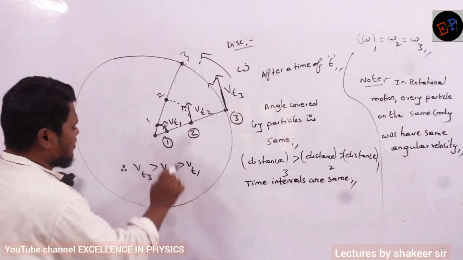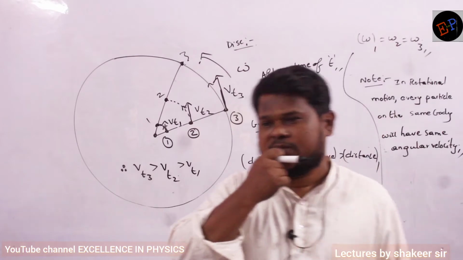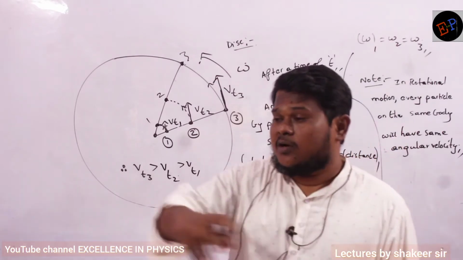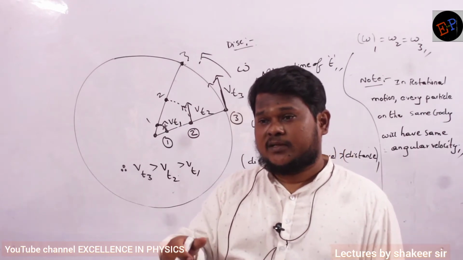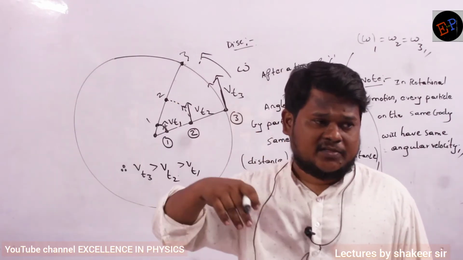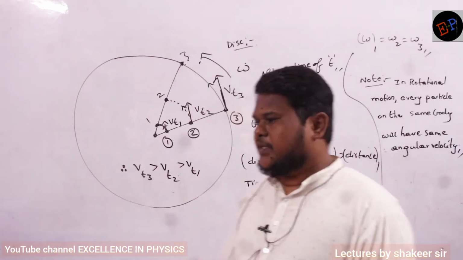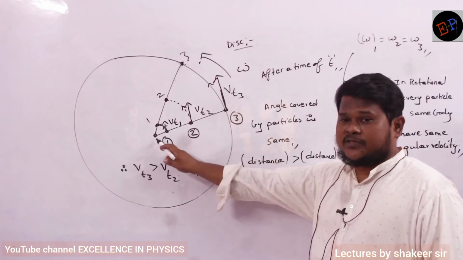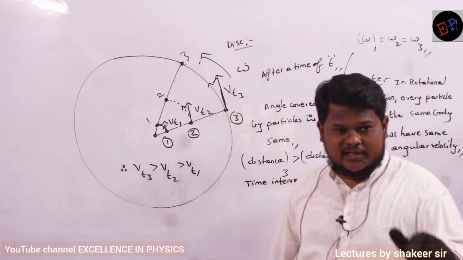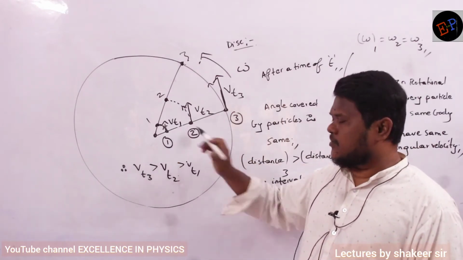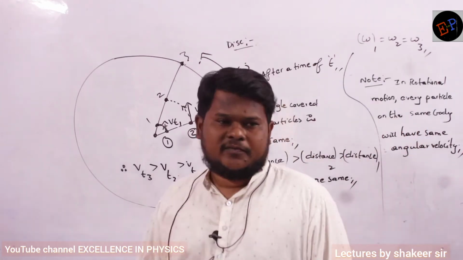Understood, no? Which body will have highest tangential speed? The body which is at a large distance from the axis of rotation will have the highest tangential speed. This body has a very large distance from the axis, so it will have the highest tangential speed. Next tangential speed is followed by this one. This is another important point which we should make a note.